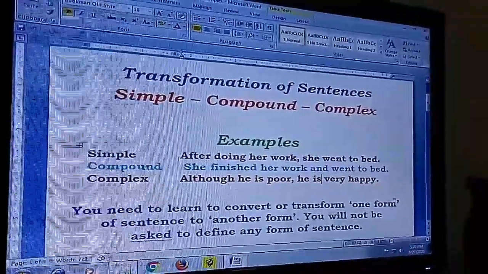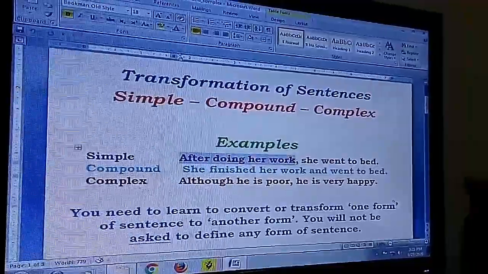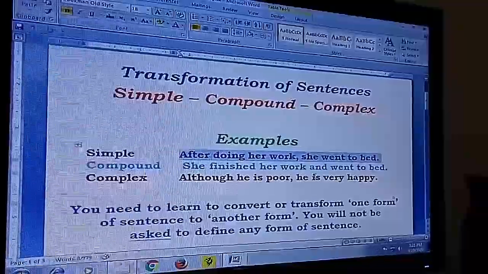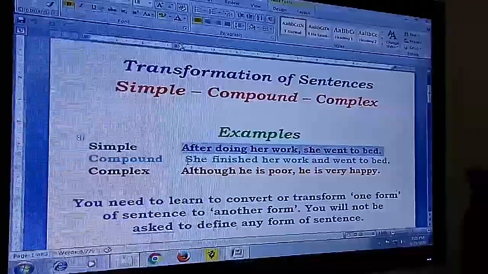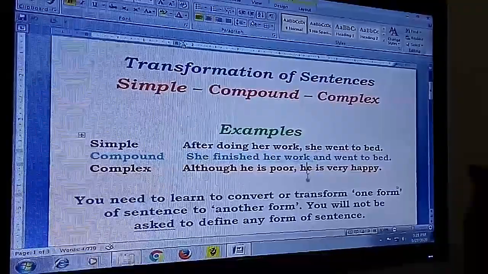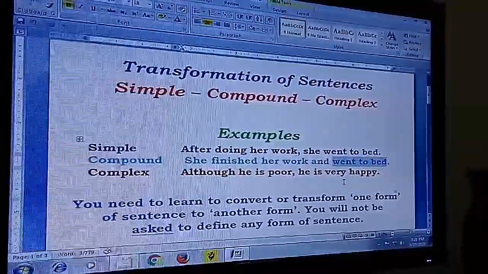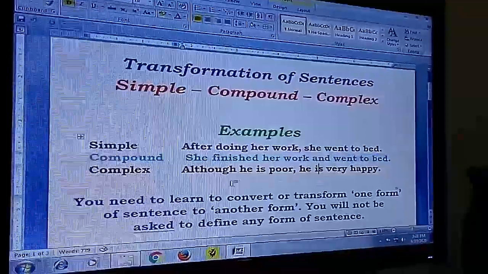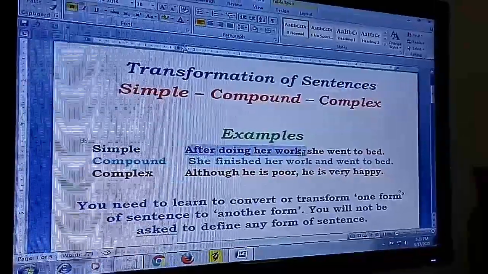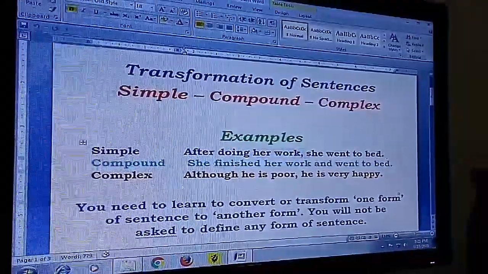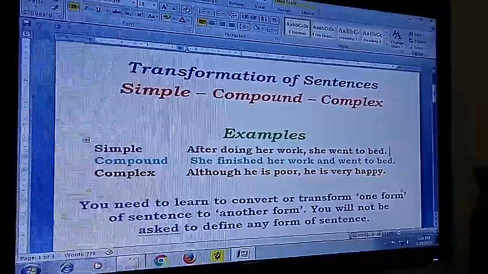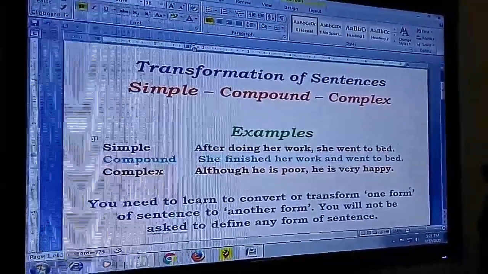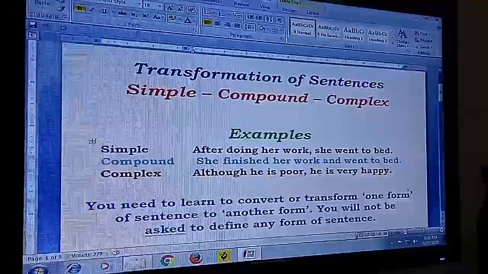From compound it comes to simple. Here the two sentences are: she finished her work and she went to bed. Without using "and", you write the answer: after doing her work, she went to bed. This is why it is important, children, to know by name the three different types of sentences.